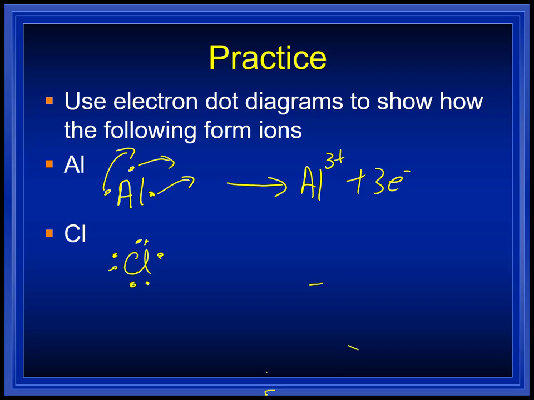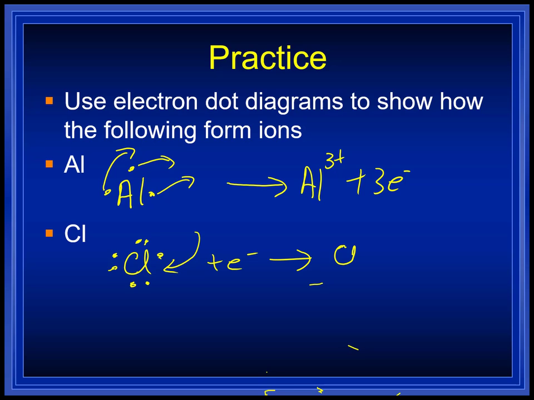So you can look at that. Is this going to gain or lose? Gain because it's a nonmetal. Gain because it only has one hole to fill. So, right, I got to put an electron in. I have to add that electron.